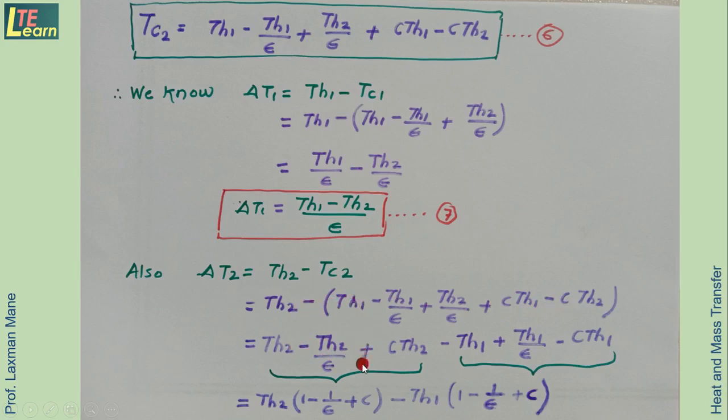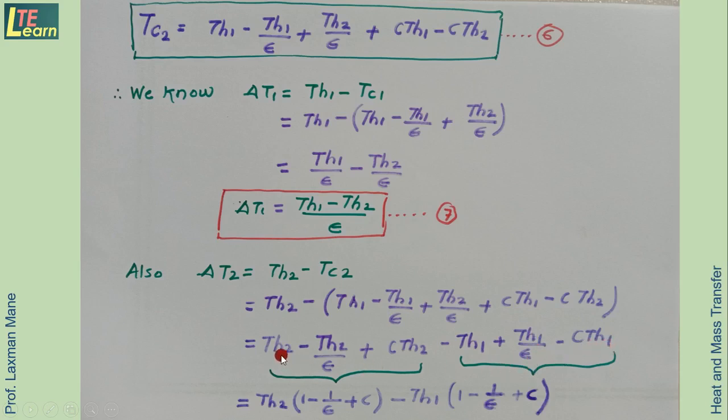Again we will do one thing, take all the terms having suffix 2 together. So TH2 minus TH2 by epsilon plus C TH2, and all terms together having suffix 1, means TH1 by epsilon and C TH1.